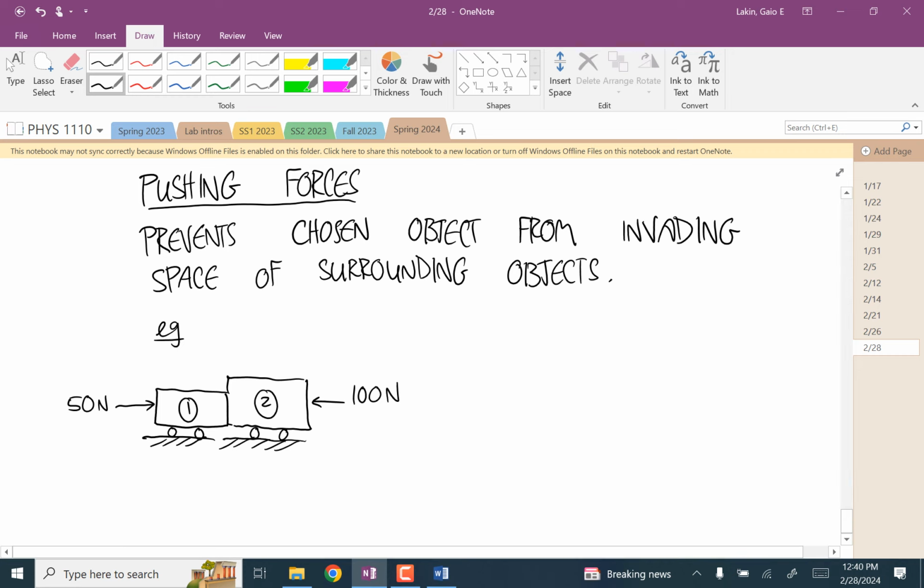Then where is pushing happening? There's pushing happening between the ground and the wheels of each cart. So there's a pushing force there. There's another pushing contact there. And there's a pushing contact here. Both of the objects are defending their space. If that force wasn't there, they would cross boundaries.